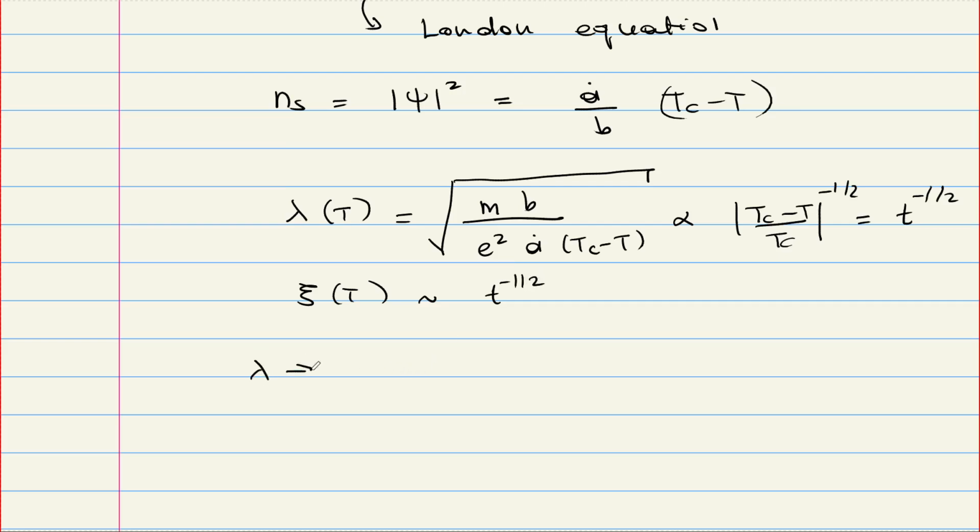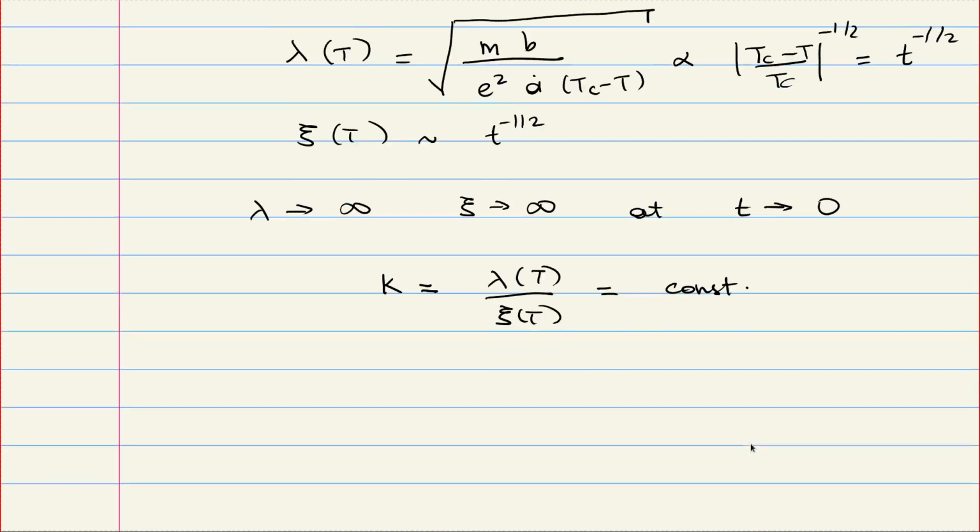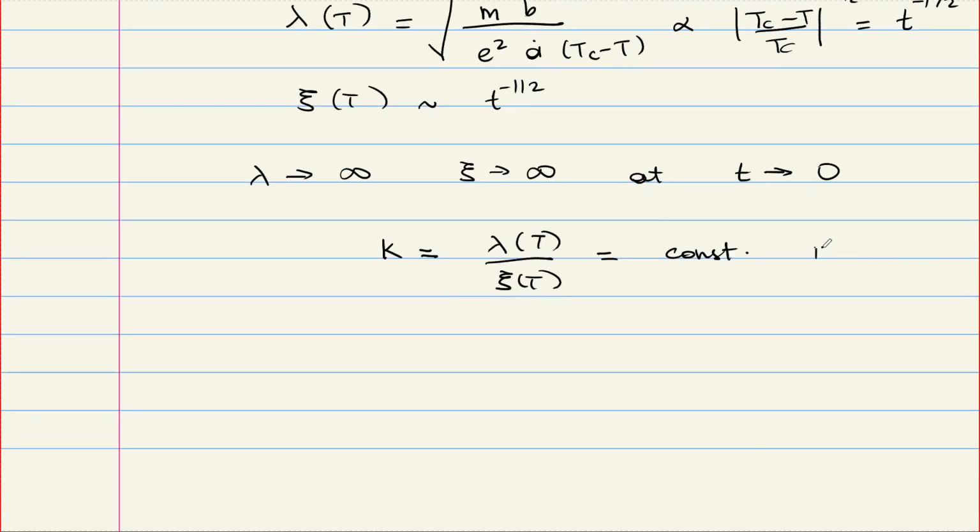Lambda goes to infinity, psi goes to infinity as you approach the critical point, but because they both diverge with the same power, their ratio kappa, defined by lambda of T divided by psi of T, is some constant, independent of T. This kappa, sometimes called the Ginzburg parameter, will be a key parameter to determine if you have a type 1 or type 2 superconductor. But for the moment, we don't need that.